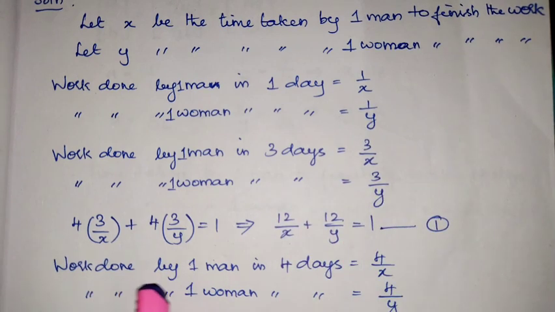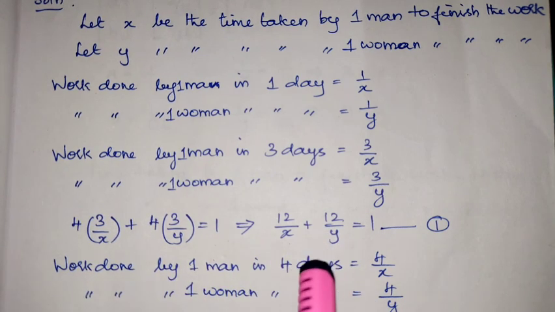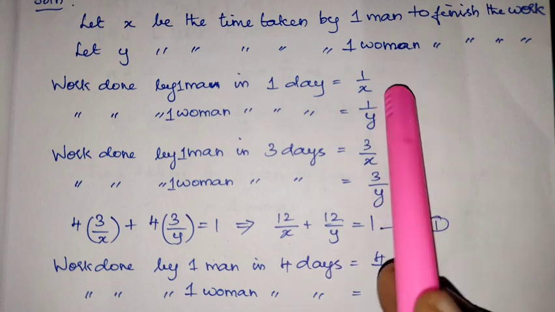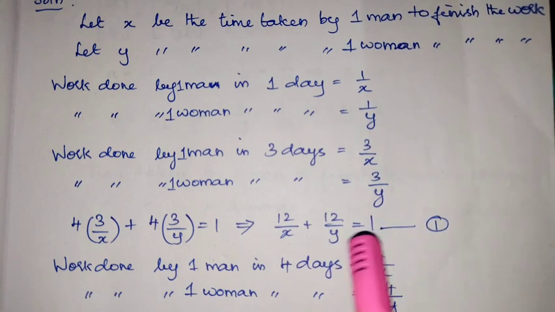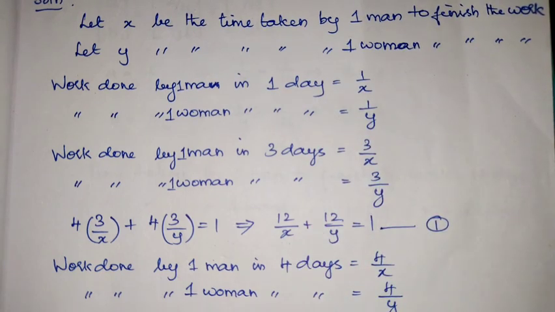Similarly, for the second equation, work done by one man in 4 days is 4 into 1 by x, which is 4 by x, and work done by one woman in 4 days is 4 into 1 by y, which is 4 by y.